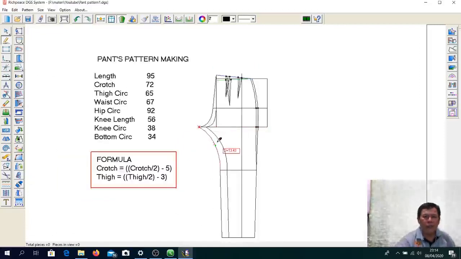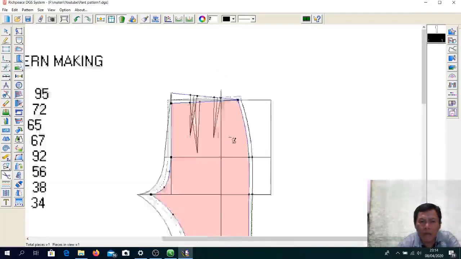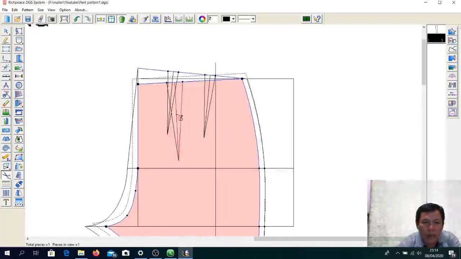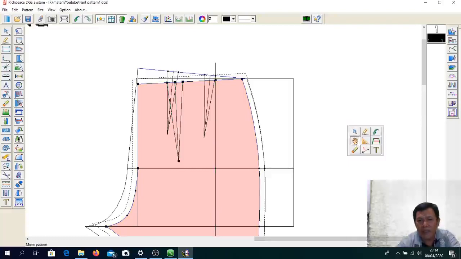Okay, so finally we have the front pattern and back pattern. So I will make this. For the front, we take the front dart and the green line.